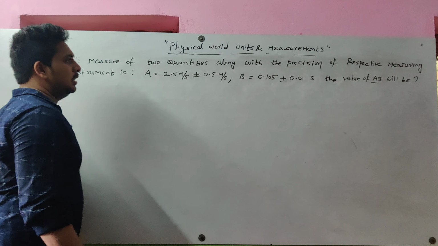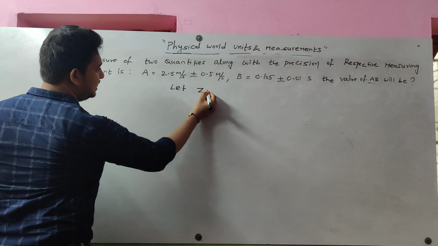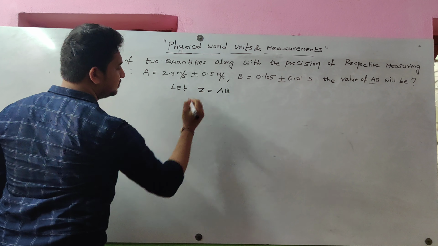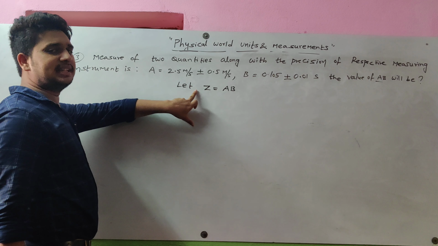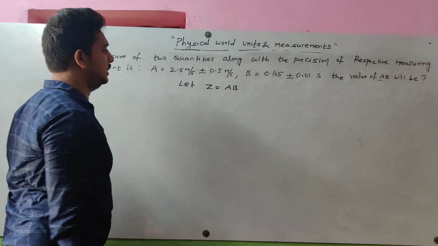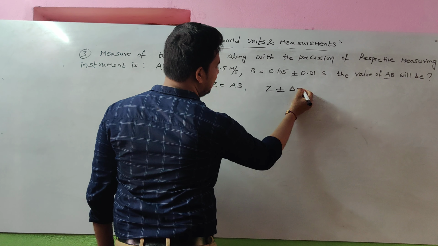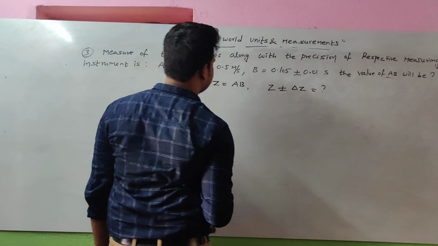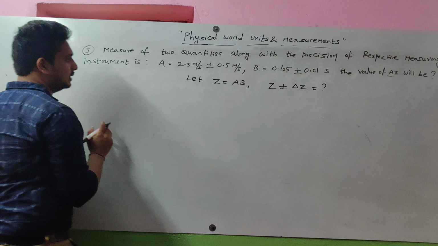So for finding AB, let Z is equal to AB. What value we need to find? That we consider as Z is equal to AB. So what we need to find? Z plus or minus delta Z we need to find in the question, right?